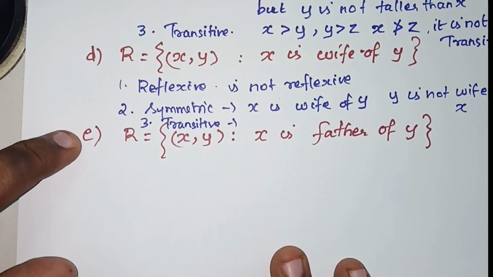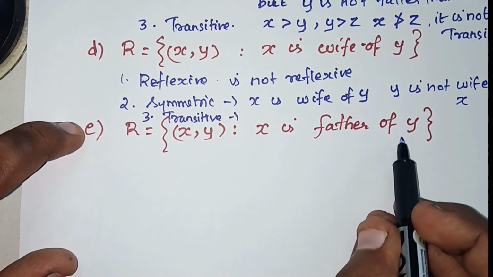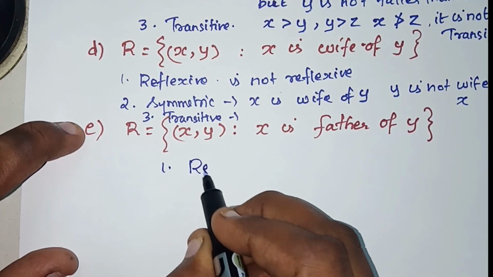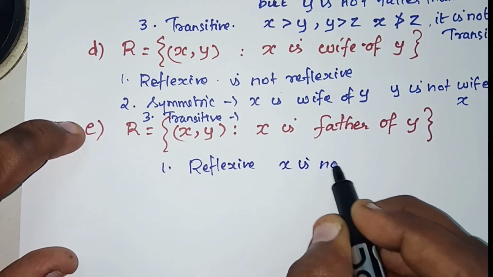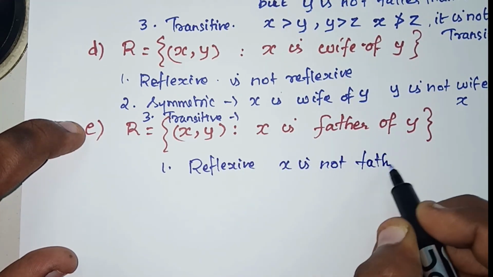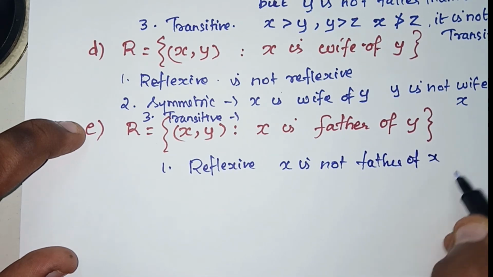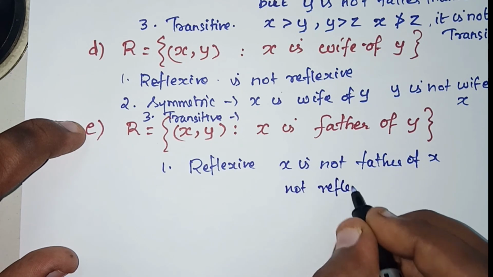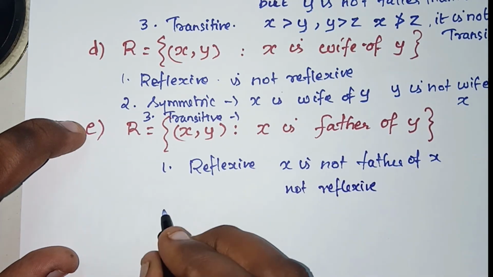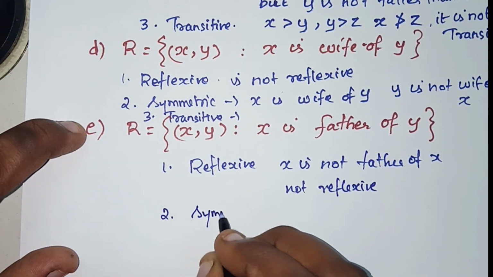Likewise for this example also. X is the father of y. First is reflexive. X is not the father of x, right? So it is not reflexive. Next, symmetric.